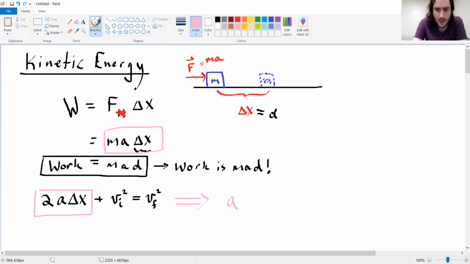So we have a times delta X is equal to 1/2, and I have to subtract V initial squared. So we have a V final squared minus a V initial squared.